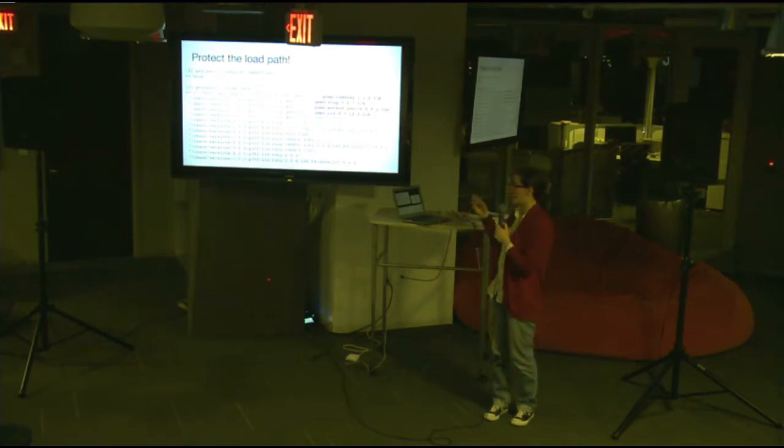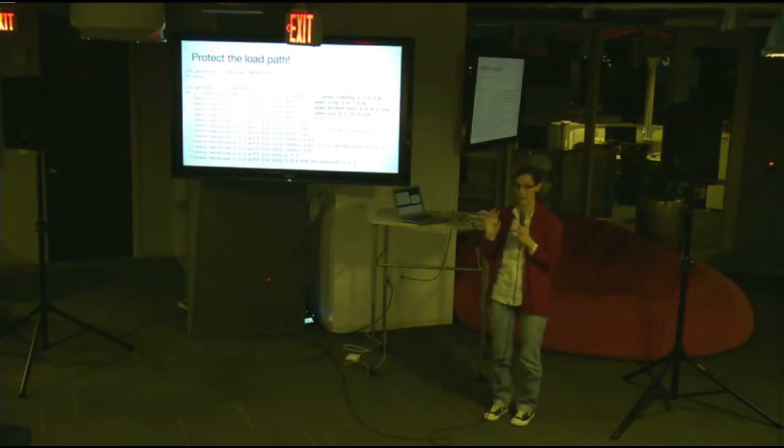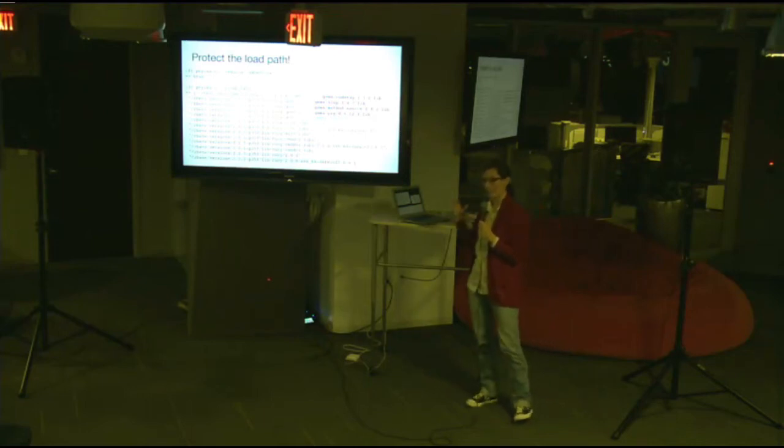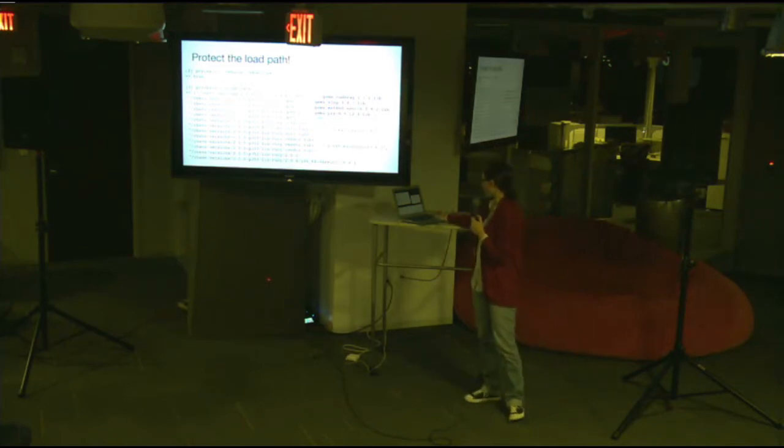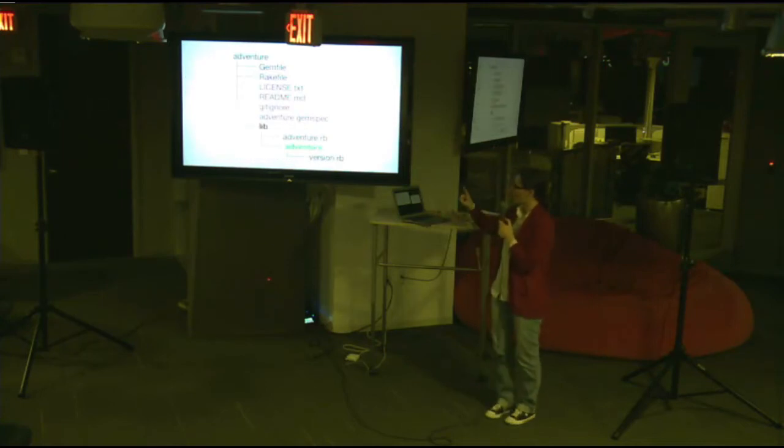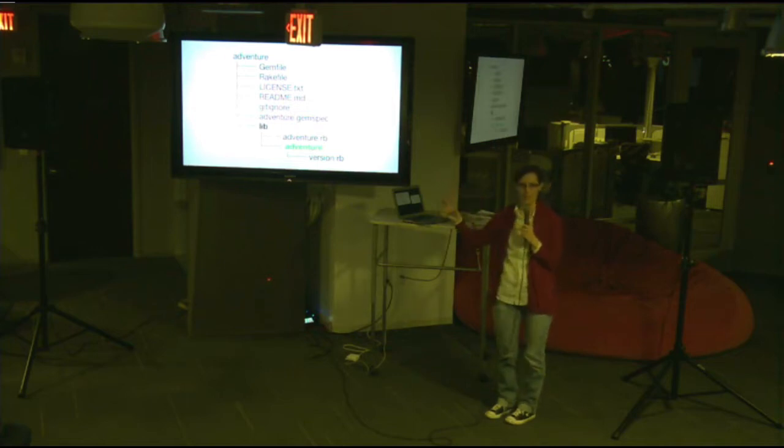So you want to keep your lib folder tidy. Don't include things in your lib folder that are not named for your gem. The folder I'm talking about is the adventure folder inside lib, and anything else that you would need to add to your gem will live inside that folder.